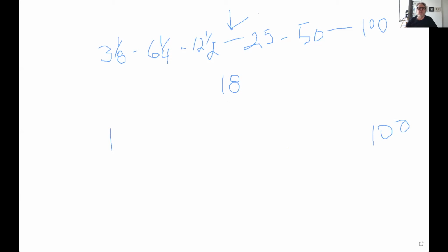But in a logarithmic scale, 50 is only 1 stop down. So you can see the logarithmic scale gives us much greater perception of tone than a linear scale would.